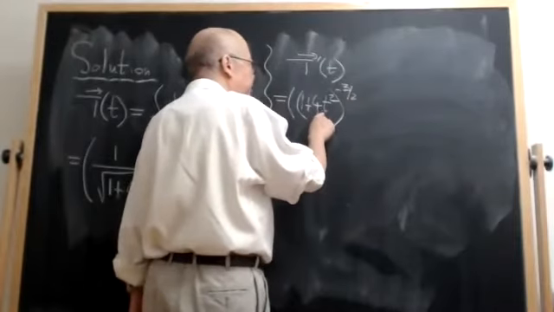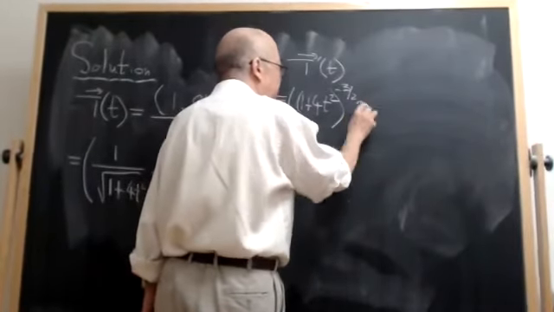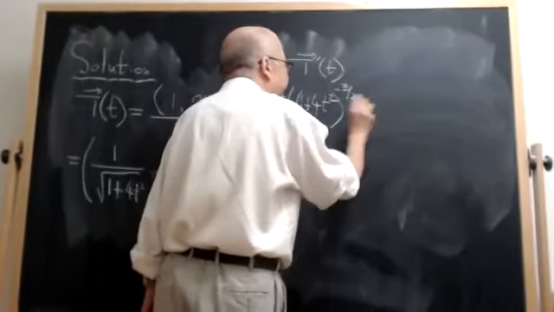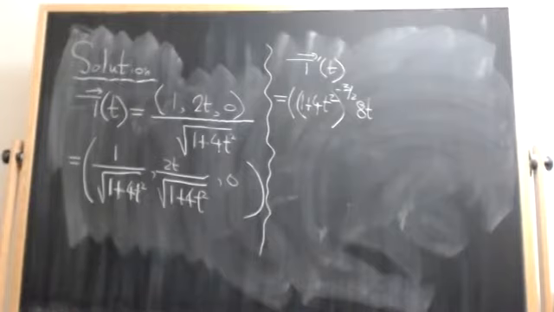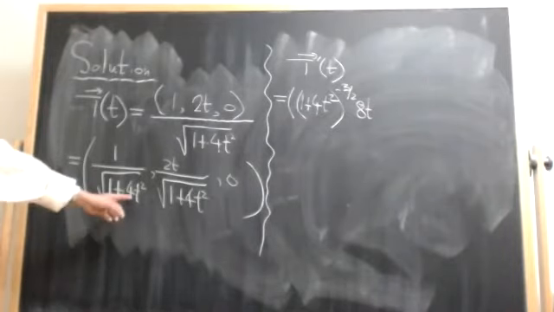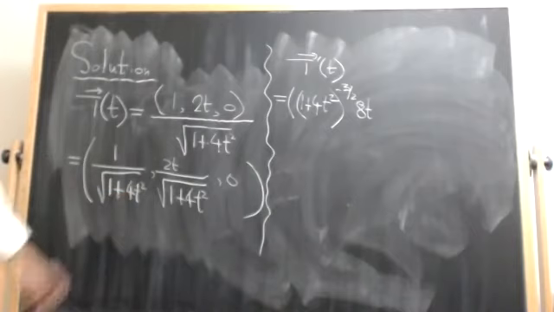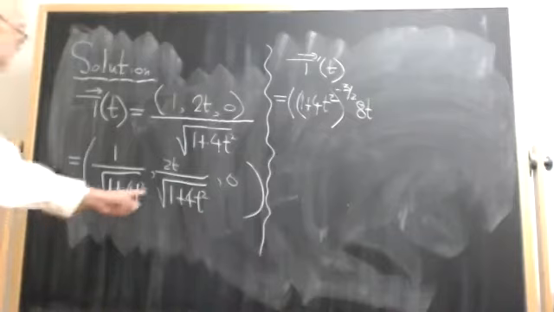And then I have to differentiate this, which is 4t. Right? I hope it's right. 1 plus 4t squared to the power minus 1/2 minus 1, which is minus 3/2. And then you have to differentiate 4t squared, so times minus 1/2, right?